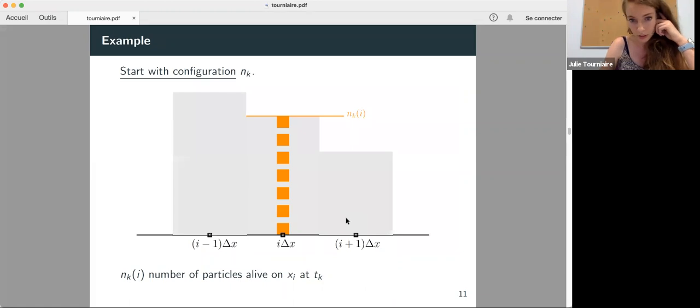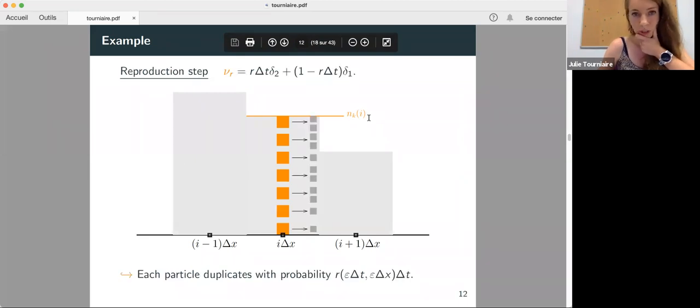So here is an example of such an evolution. We start with a configuration n_k with n_k^i individuals on site i. We choose nu_r, that is the reproduction law. Each parent duplicates with probability r delta t and does not duplicate with probability 1 minus r delta t.